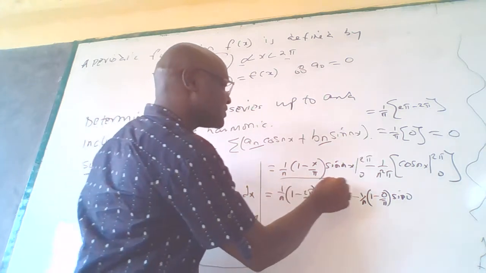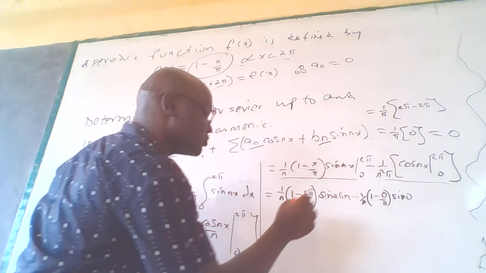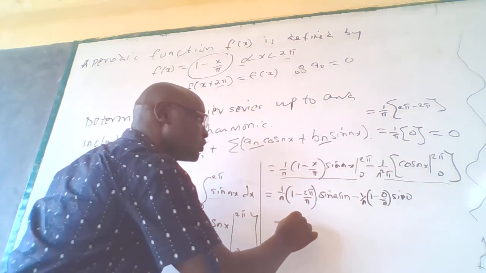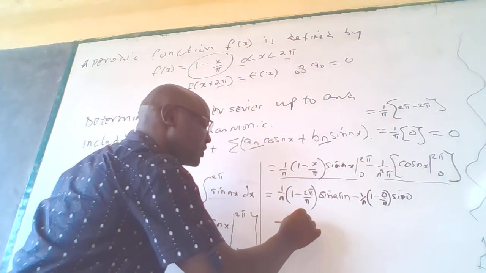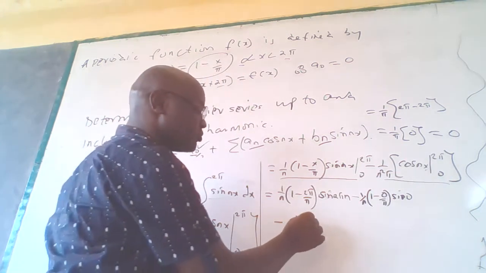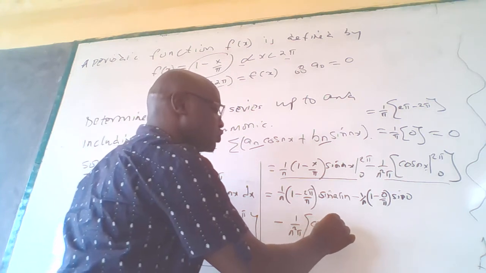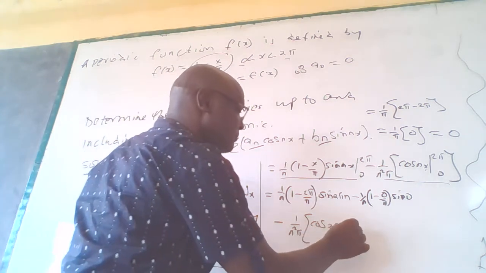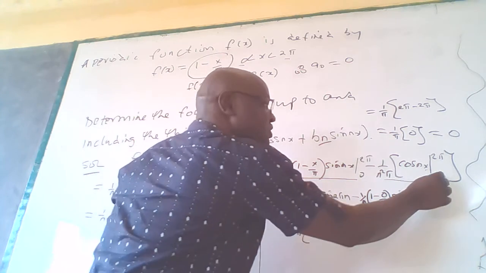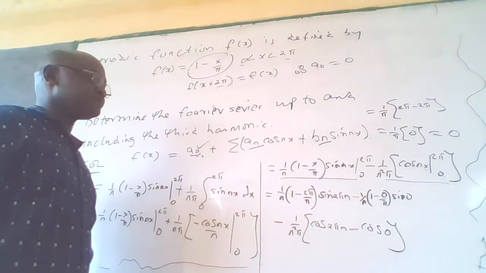We are through with this up to that point. Then we have also this, so it will be minus 1 over n squared pi into, now we start with the upper limit, cos 2 pi n minus, we substitute the lower limit, cos 0, like that.